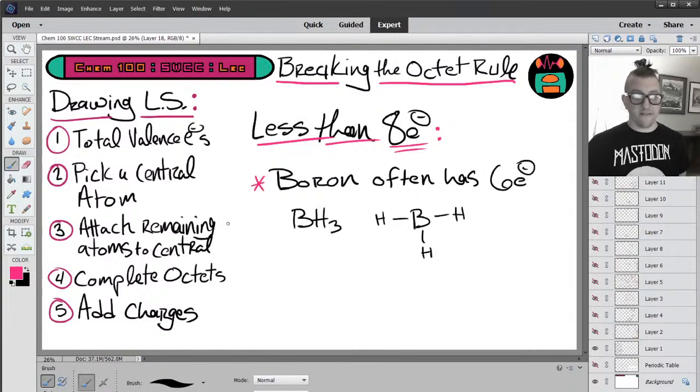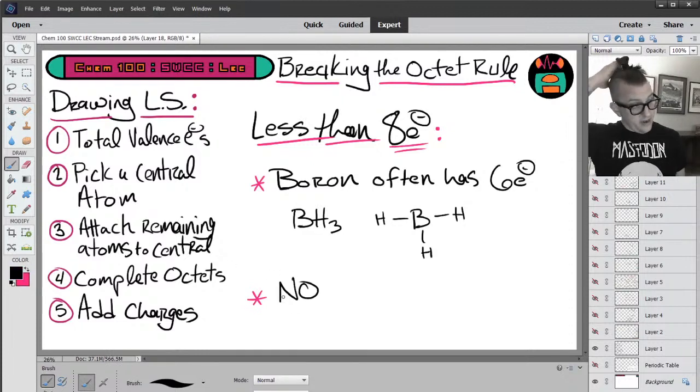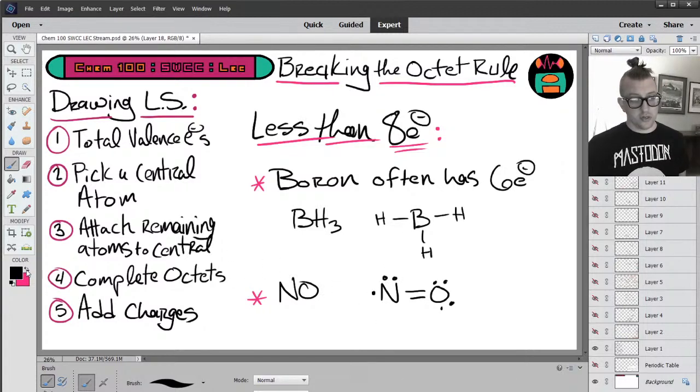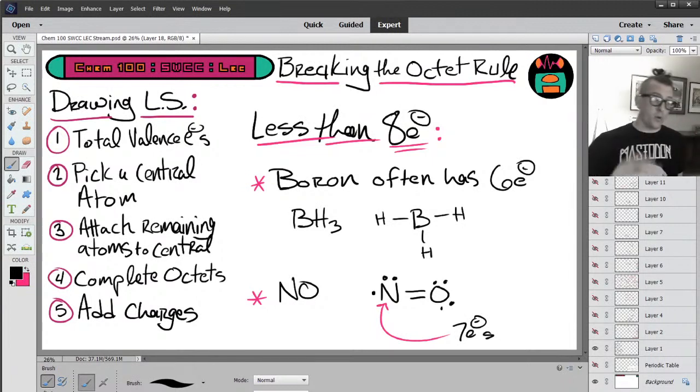There is a second famous instance, which is NO, which is a gas. If you draw this Lewis structure out, it'll look like this. In this structure, nitrogen has only 7 electrons. All right, only 7 electrons.